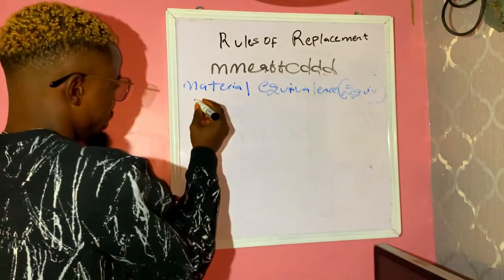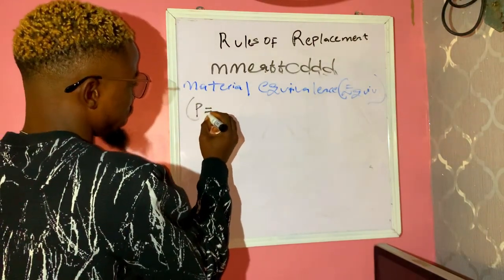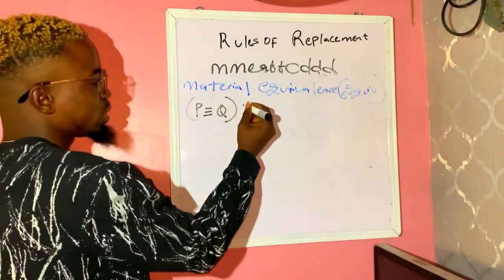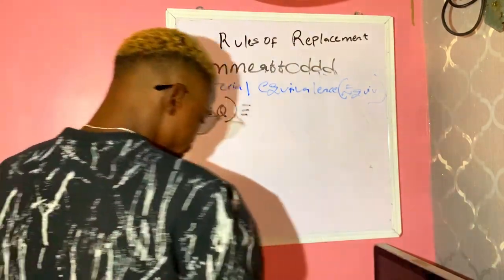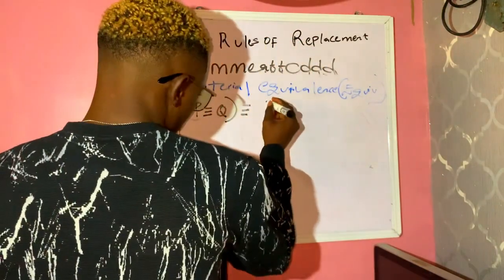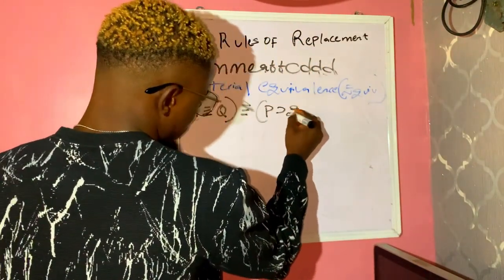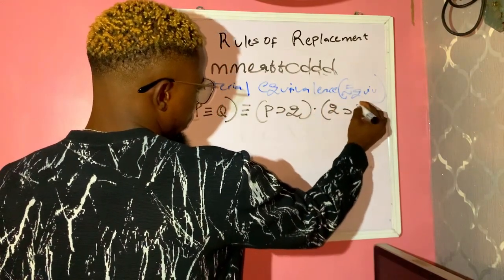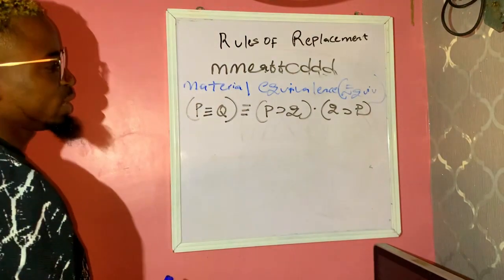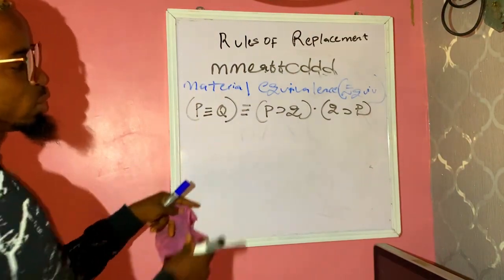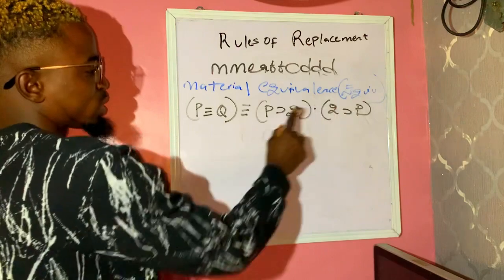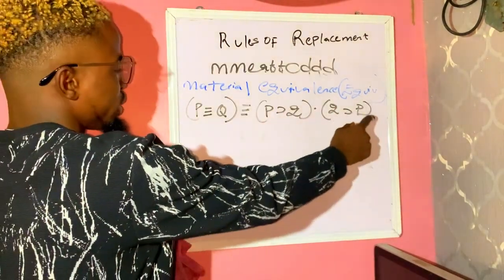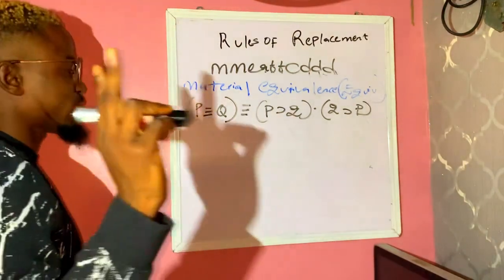So material equivalence is saying that if you have P if and only if Q, you can replace it with P implies Q and Q implies P. Material equivalence actually has two different lines.